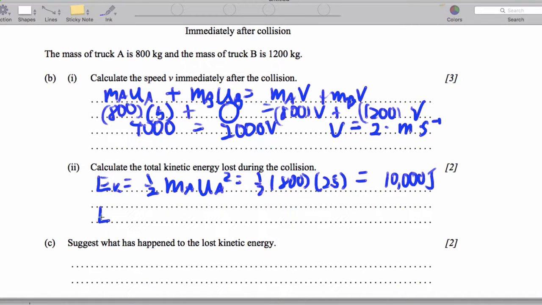And then after the collision, we're going to have 1/2, and let's add these masses, we've got 2,000, but now we're only going at 2 meters per second squared. So that's going to be 4,000 joules. So it looks like I'm losing 6,000 joules.